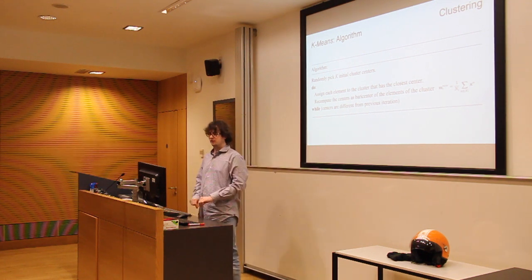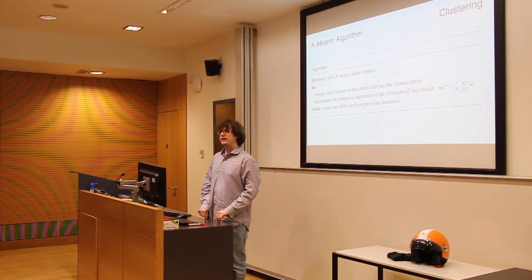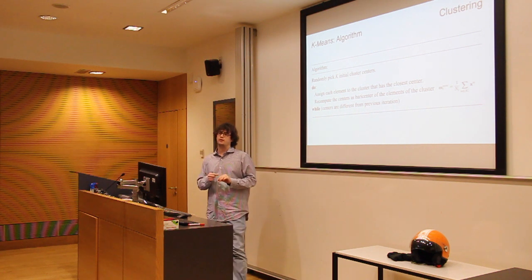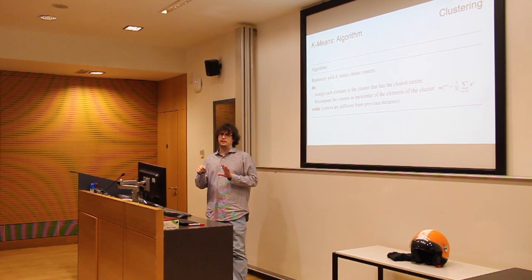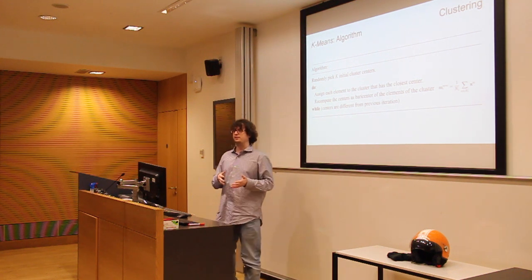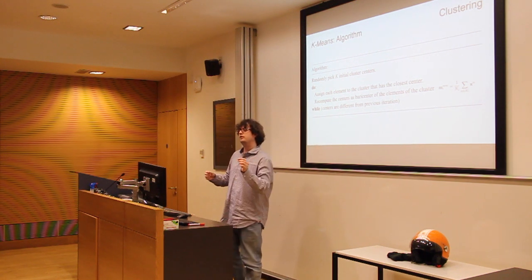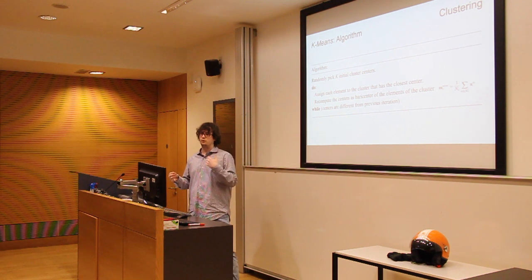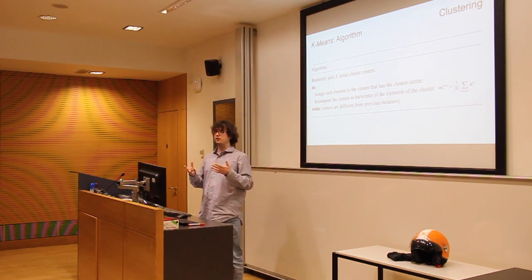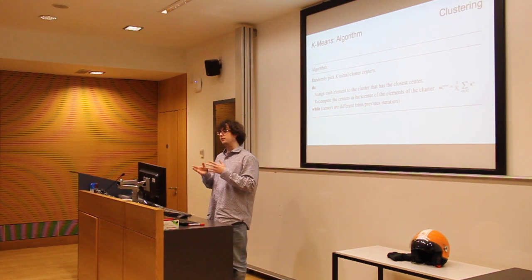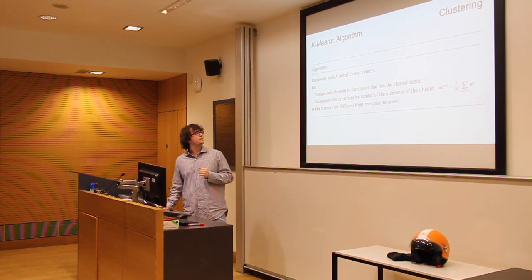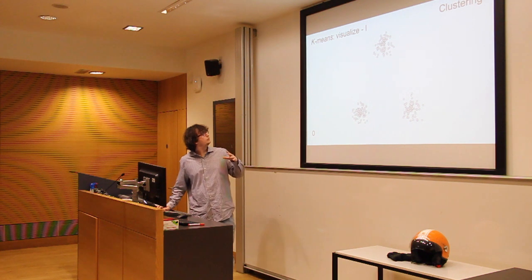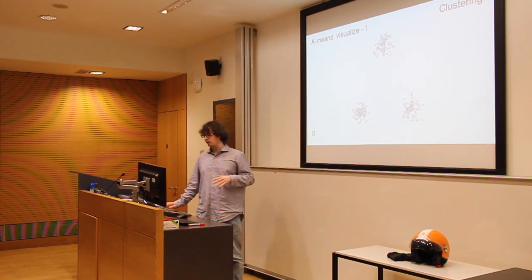You assign each element to the cluster with the closest center, and you compute the new center for that cluster just as the average of the points within that cluster. Then you do the assignment step again. So you have moved your center, and you assign the data points to each cluster based on which center they are closest to. In practice, we can see very easily what's going on.